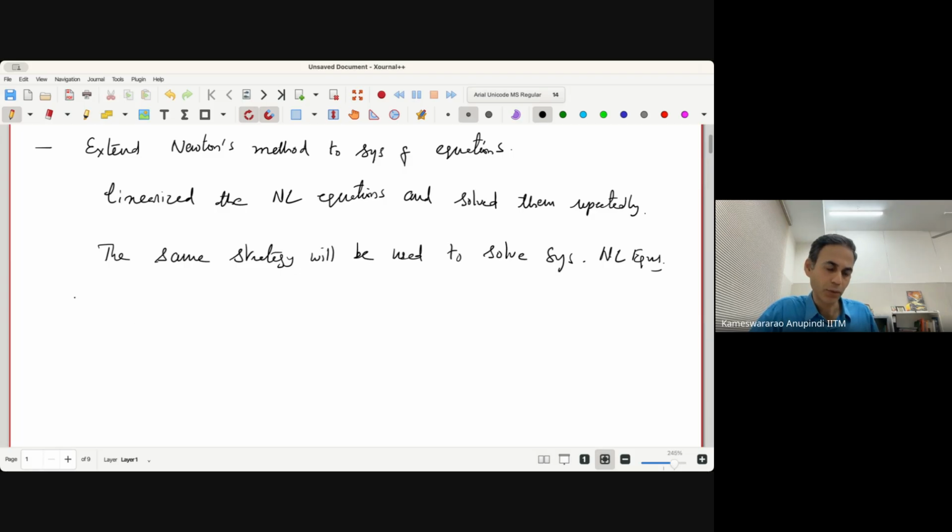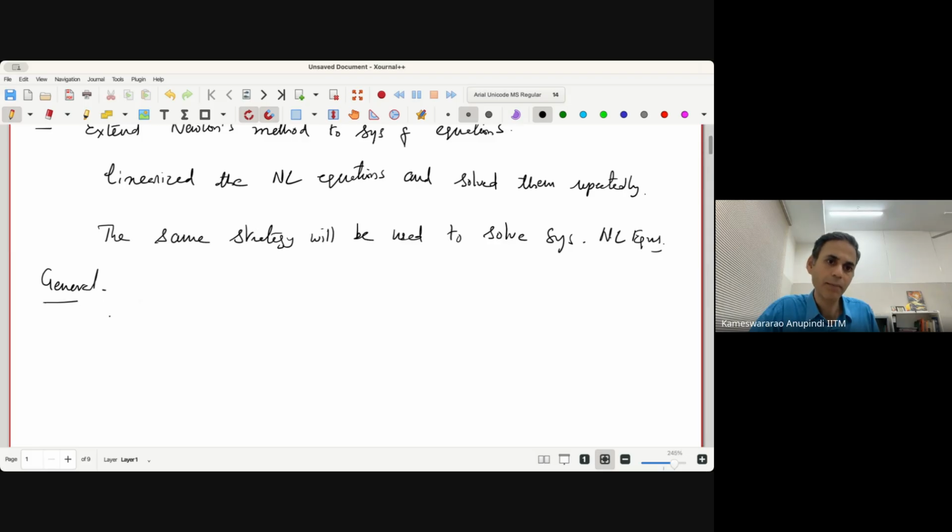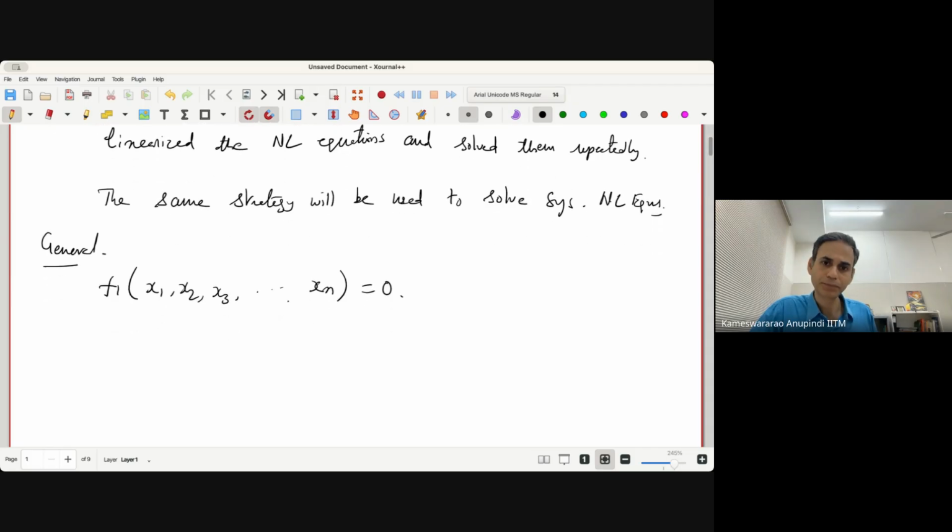So what is a general system of nonlinear equations? To represent it, let me say we have one function f1 that is a function of several variables x1, x2, x3, and so on, xn, equal to 0. Earlier we just had a function f of x equal to 0, where f of x is a nonlinear function whose roots we have found using different methods.